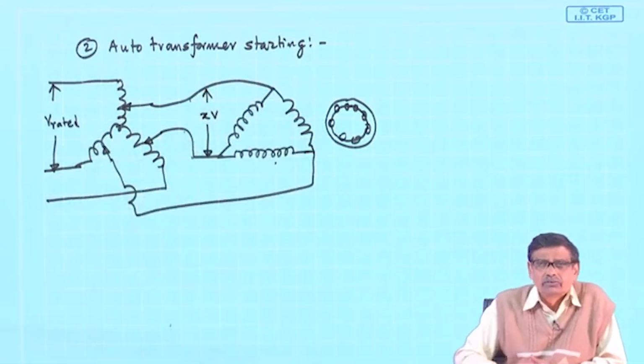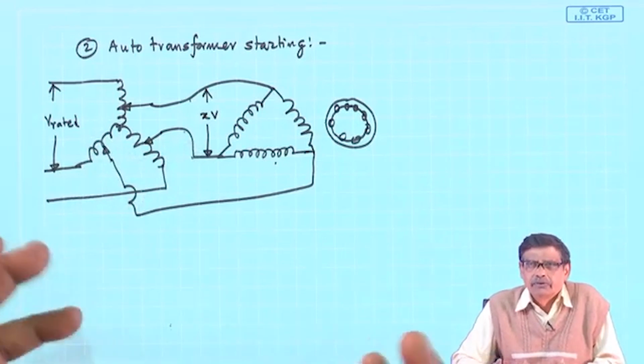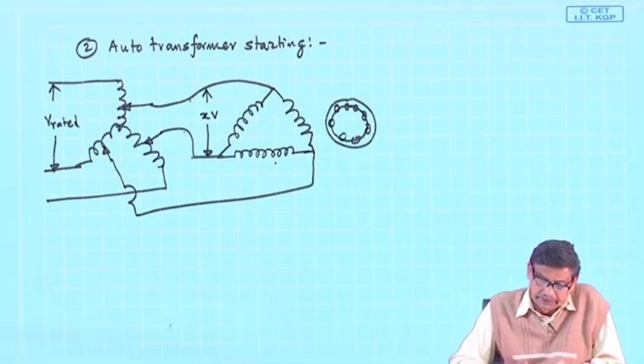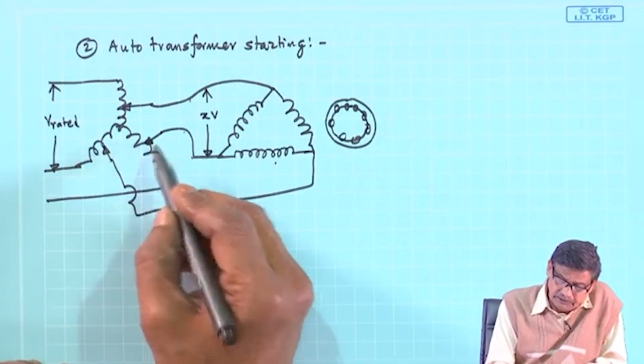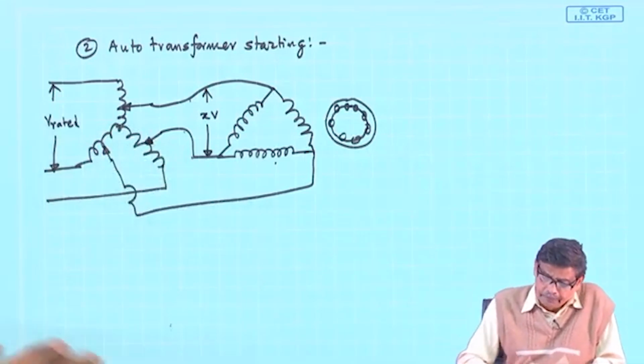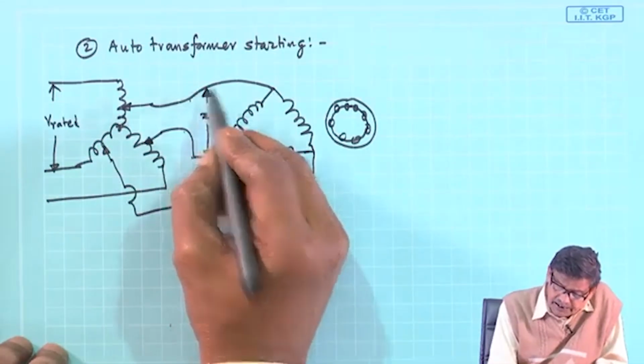I will assume this auto transformer to be ideal. For this large starting current, there is no point in considering the auto transformer to be non ideal. So, this is x V rated here.